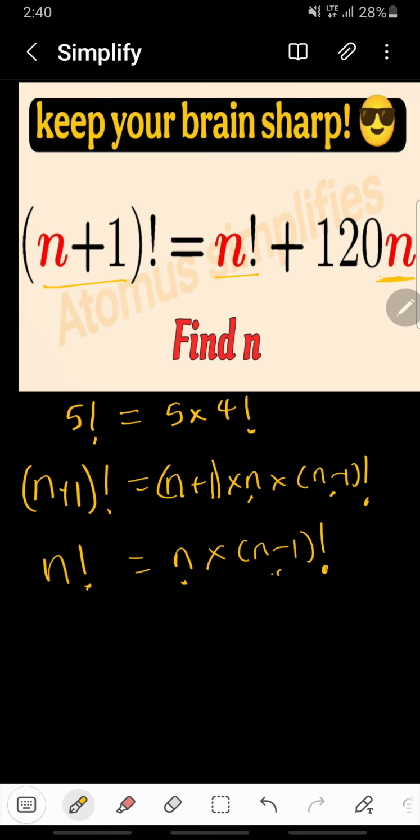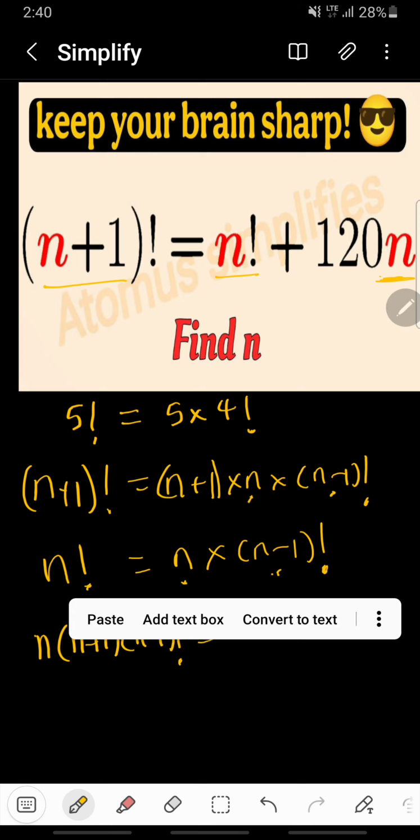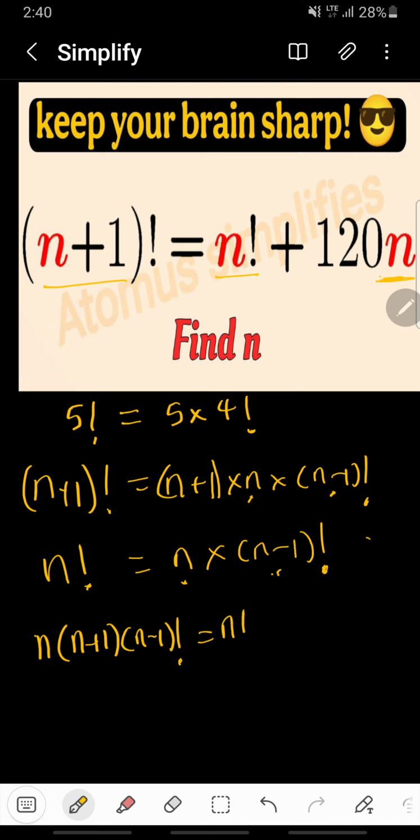So I'll plug that back into the main question to have n divided by n plus 1 times n minus 1 factorial is equal to n factorial, which is n times n minus 1 factorial, plus 120n.